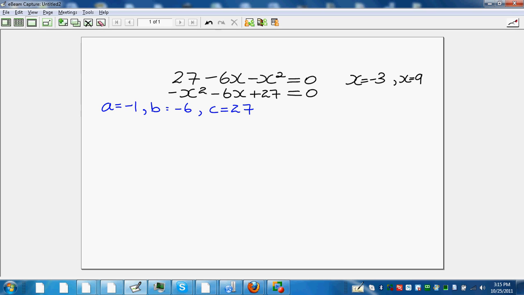A is minus 1, B is minus 6, C is 27. And the equation that we will use is x is equal to minus b plus or minus the square root of b squared minus 4ac, all over 2a.